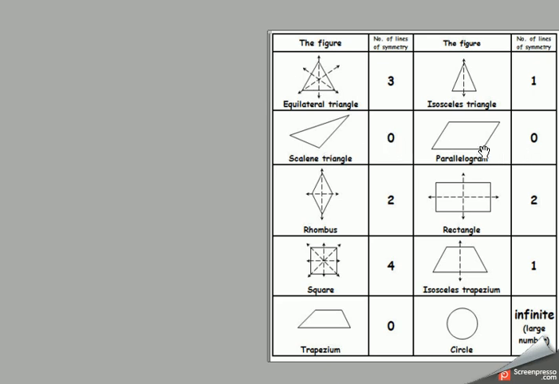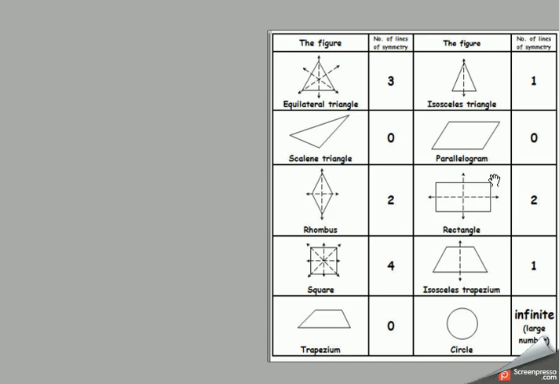Parallelogram has 0 lines of symmetry. Rhombus has 2 lines of symmetry. You can't draw a line of symmetry here like this, but you can draw lines of symmetry along the 2 diagonals.